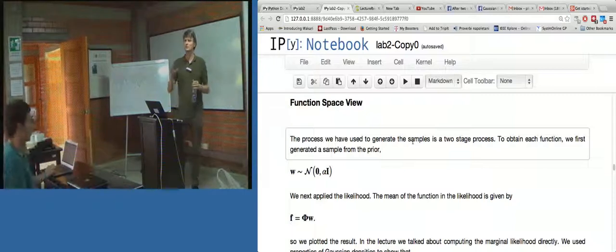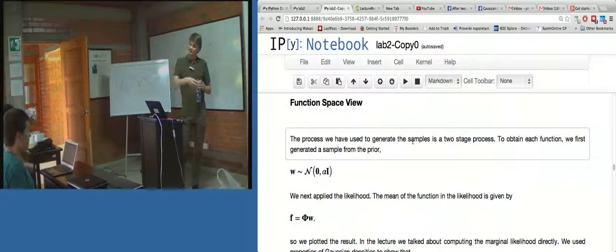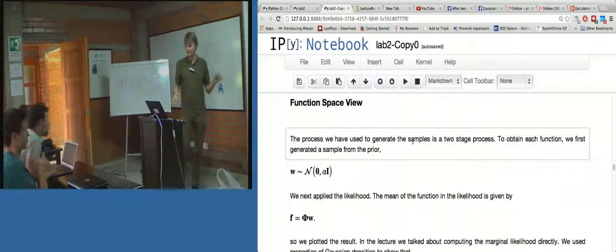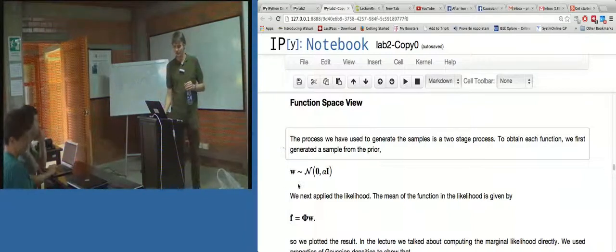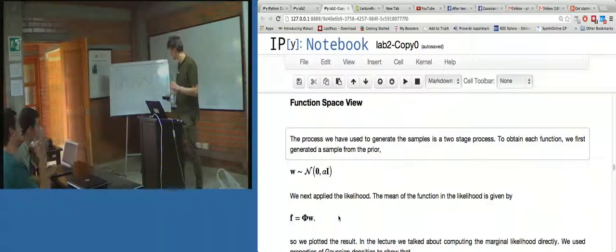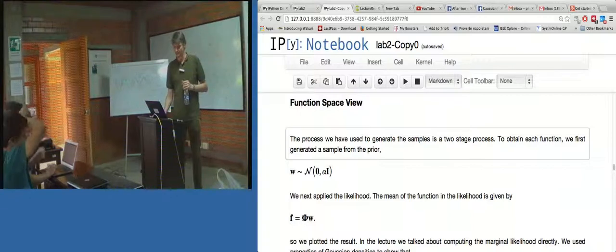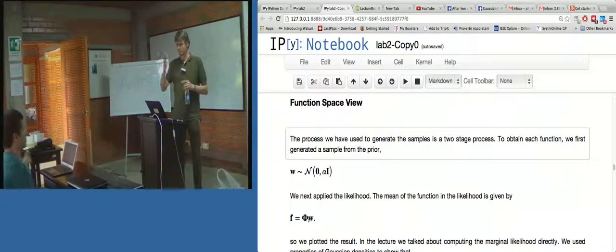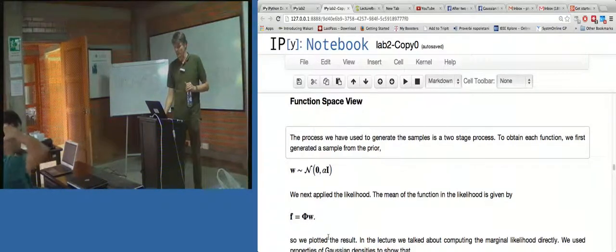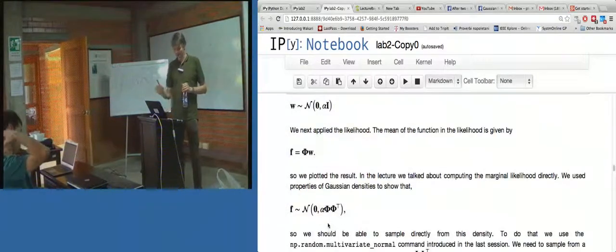So what we saw in the lab session earlier, we did this sampling in a two-stage process, where we sampled W from the prior over parameters, and then we said F is equal to the basis matrix, n by m, where m is the number of basis functions, times W. Then we just computed that and plotted the result.